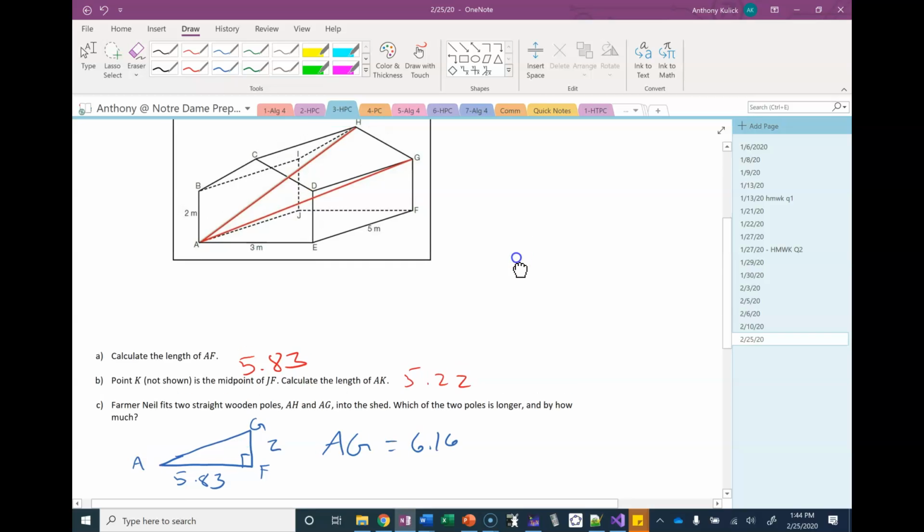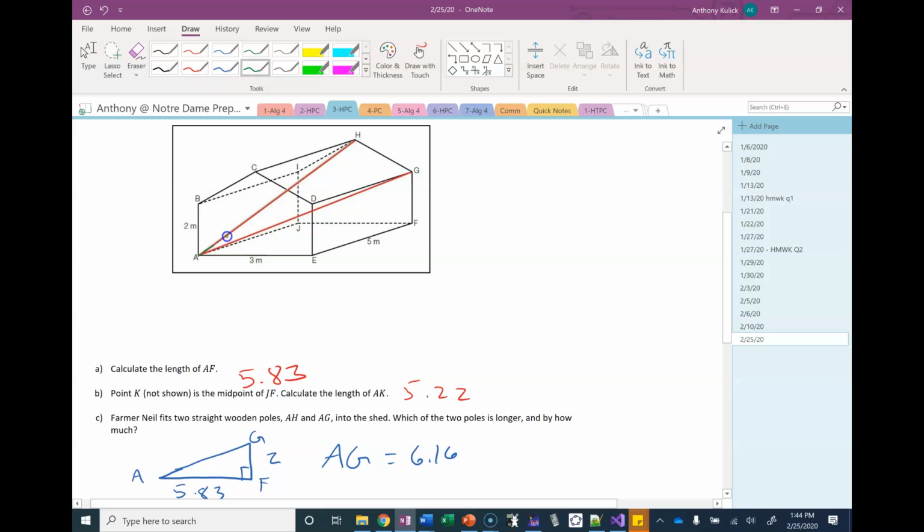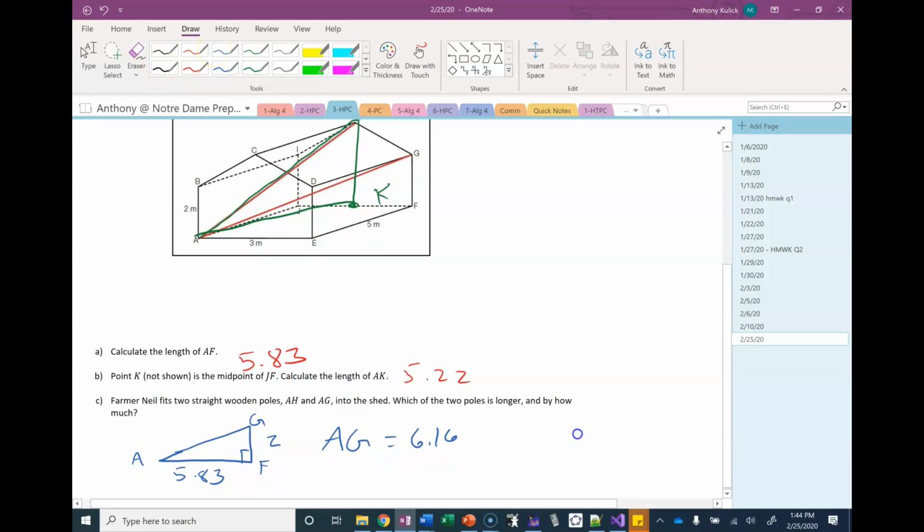Now I got to do AH. So I'm going to do that where this is a midpoint. Is that okay? Oh, I guess we called this point K. We put that in there already. My apologies.